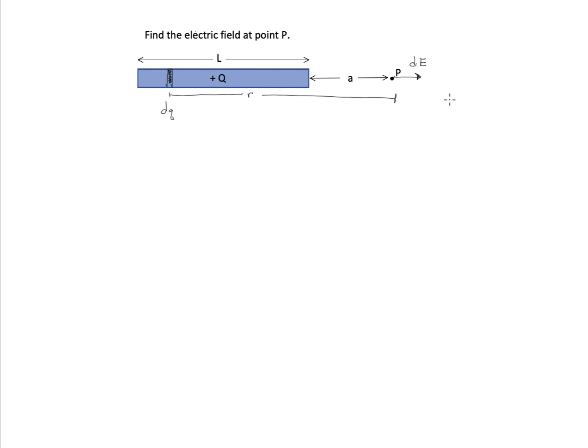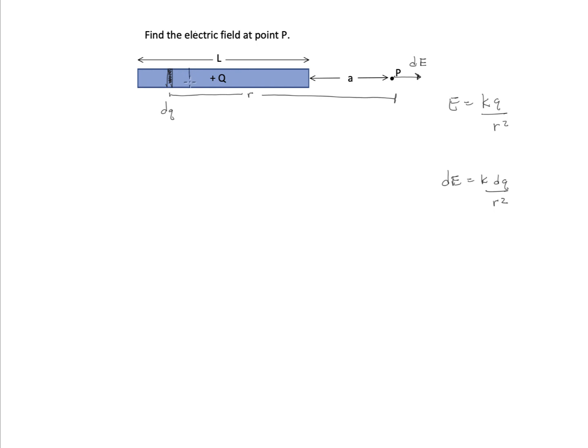Now, since we know that E equals KQ over R squared, we can say that this little bit of field caused by this little bit of charge is dE equals K dQ over R squared. Again, it's important to note that this R is the distance between the point and my sliver.